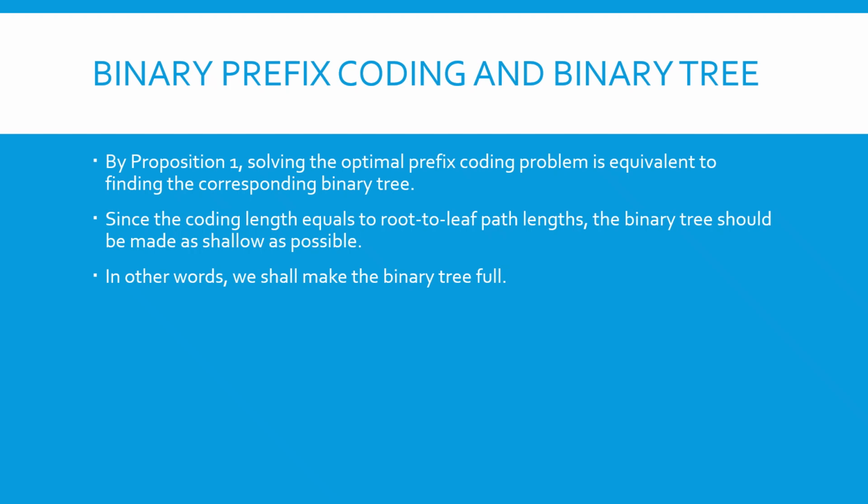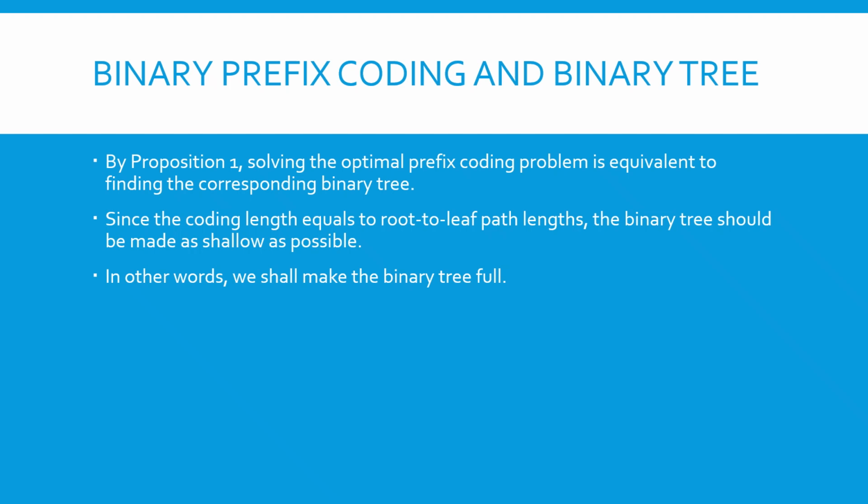Given proposition 1, we can solve the optimal prefix coding problem by constructing an appropriate binary tree. Our goal is to design a prefix-free code that minimizes the ABL. In the tree representation, the length of a code word equals the depth of its corresponding leaf.